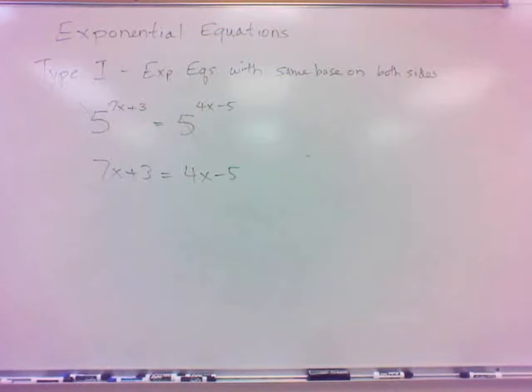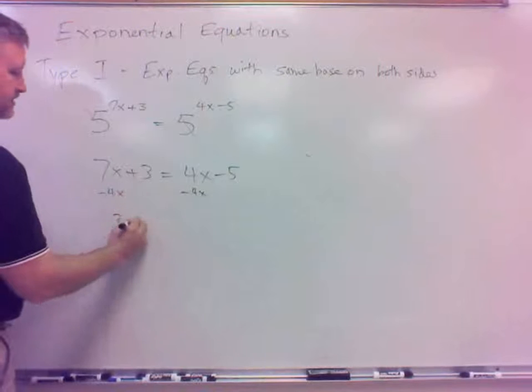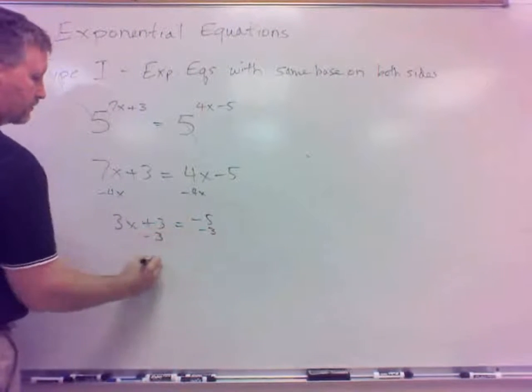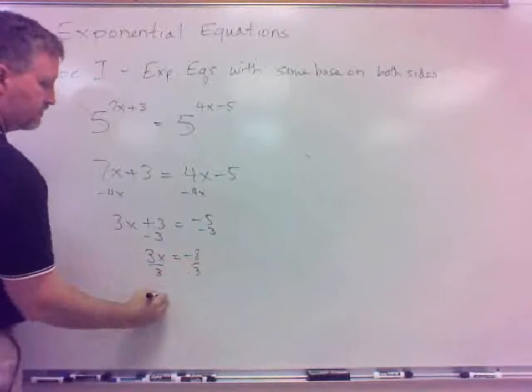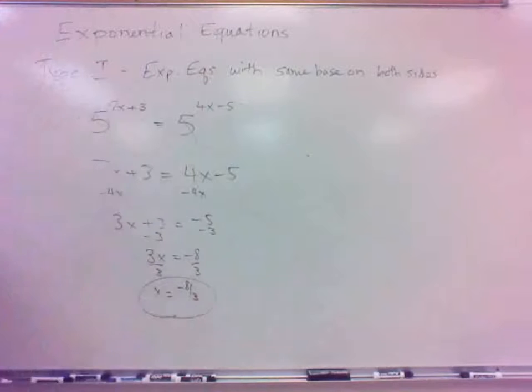So subtract 4x, 3x plus 3 equals minus 5. Subtract the 3, so you have 3x equals negative 8. Divide by 3. There you go. So the solution, x is negative 8/3.